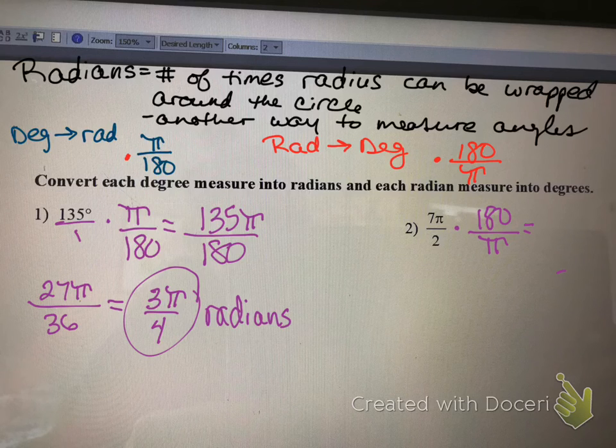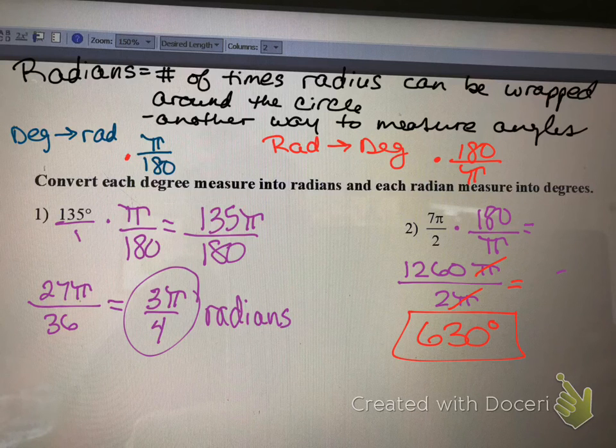So I have 7 times 180 all over 2 pi. And then I can cancel out the pi on the top and the bottom. And then I can just go ahead and simplify the 1260 and 2, which equals 630 degrees.